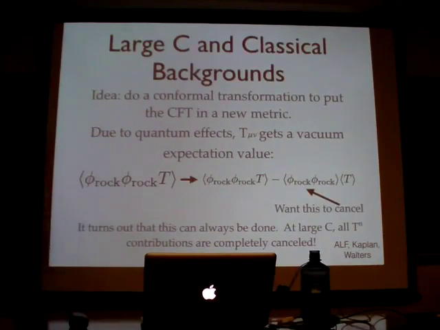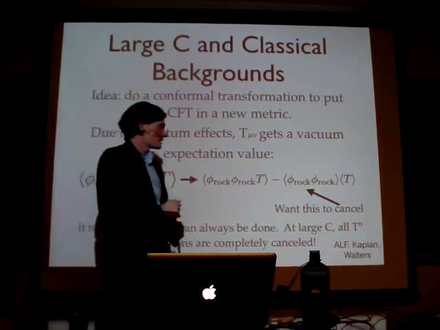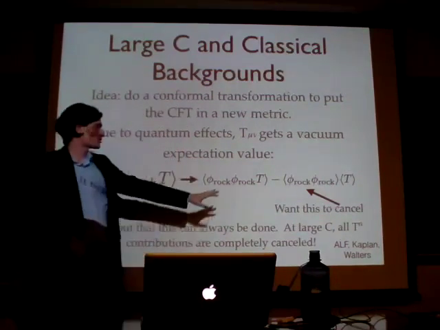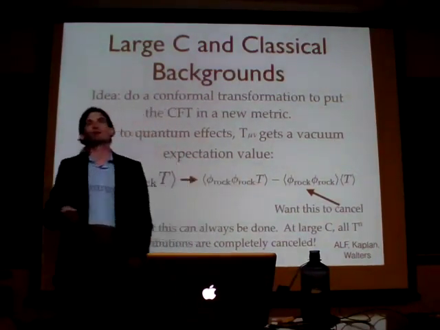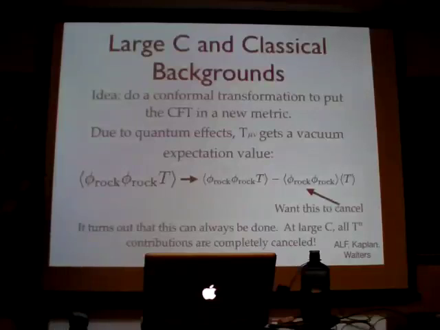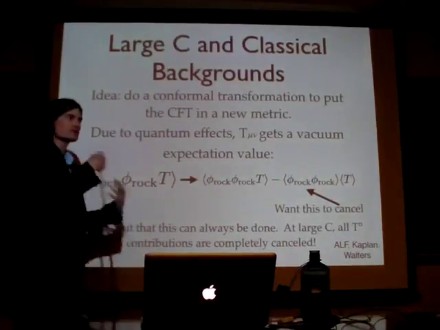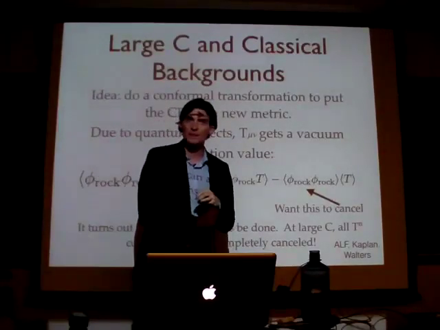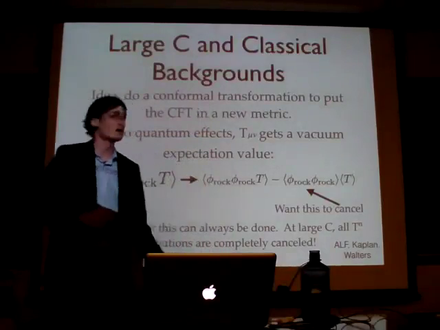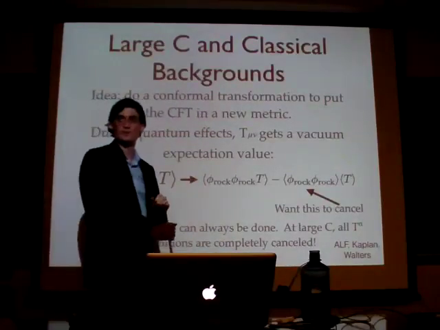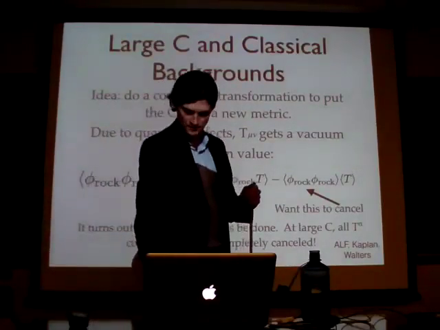Turns out this can always be done. Furthermore, in the limit of large central charge, once you've canceled a single T, you've canceled off all T to the n contributions. So all of these contributions that we wanted to resum get completely absorbed by changing the metric from doing this coordinate transformation.